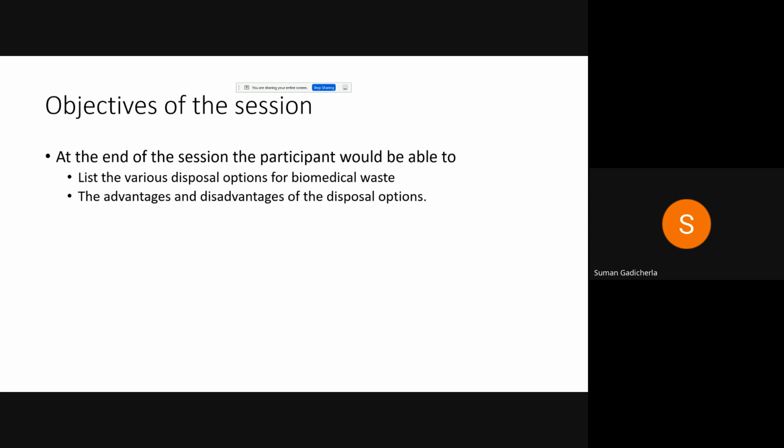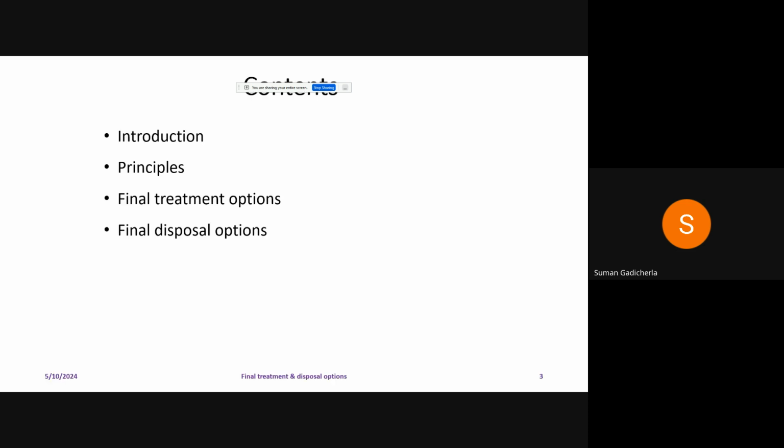Then, final treatment and disposal methods: what all do we have? We have incineration. Composting, which we very rarely do. Then we have autoclave, isn't it?